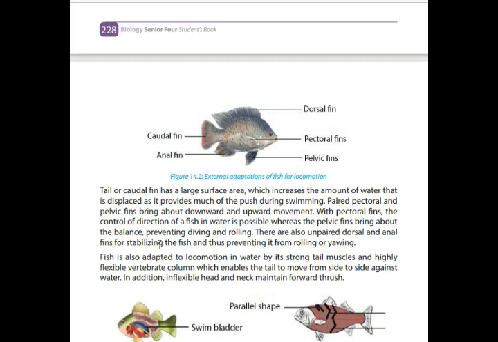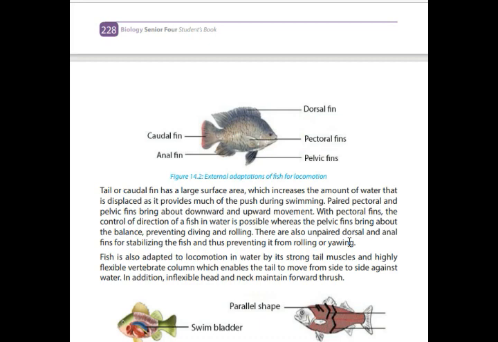Fish is also adapted to locomotion in water by its strong tail muscles and highly flexible vertebral column, which enables the tail to move from side to side against water.